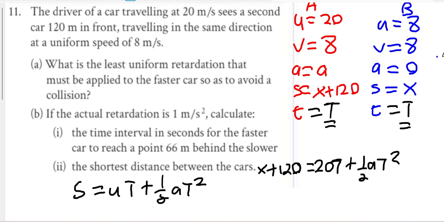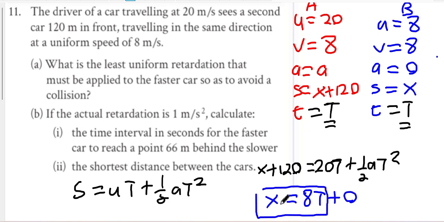The blue data set. So, x equals ut plus a half at squared, but a is 0, isn't it? So, what can I say about x then? X equals? No, 8t. So what does this x here equal? Sub it in.